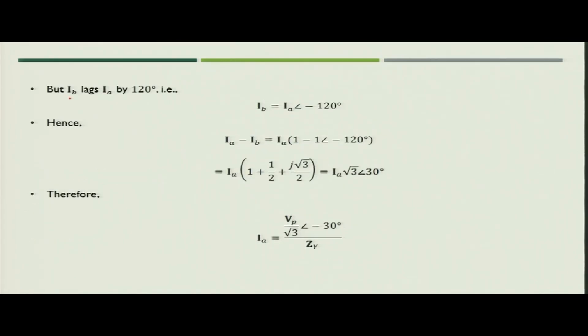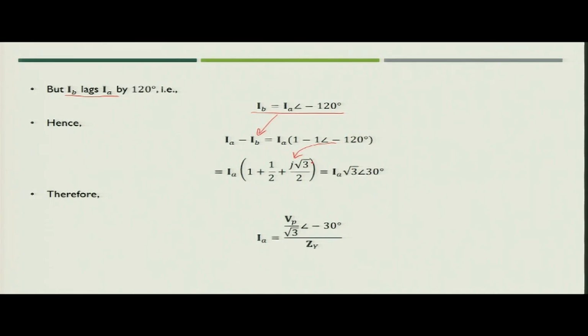Now, as we know that IB lags IA by 120 degree, we can write IB equal to IA angle minus 120 degree. Putting this into IA minus IB, we get IA times (1 minus 1 angle minus 120 degree). Changing the phasor into rectangular coordinates, the term in the brackets is 1 plus 1 by 2 plus j times root 3 by 2, multiplied by IA.